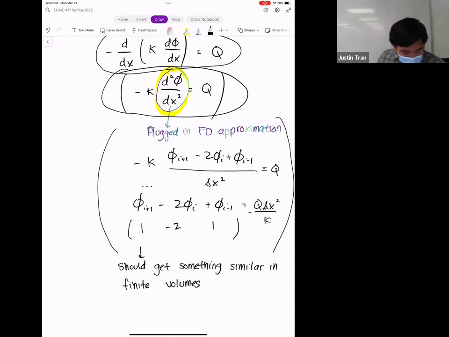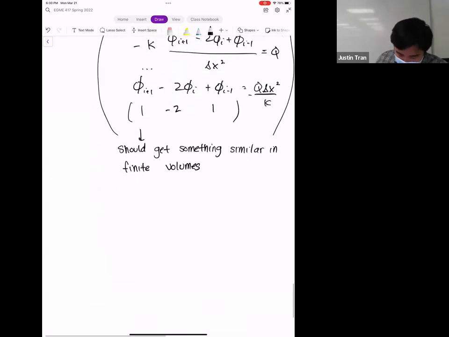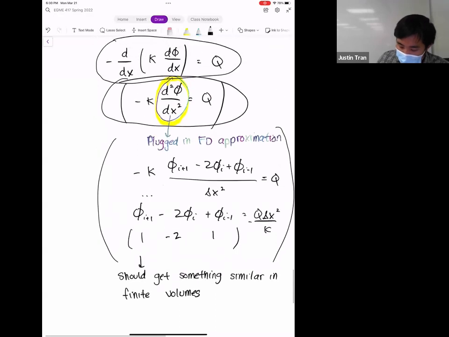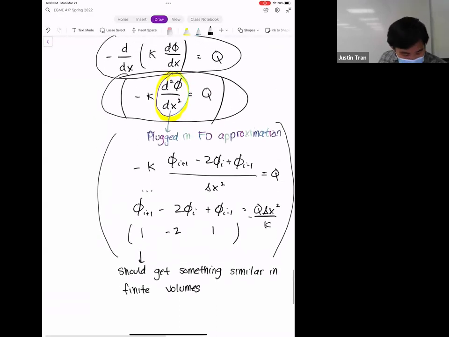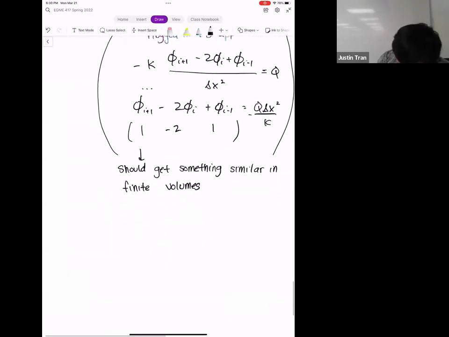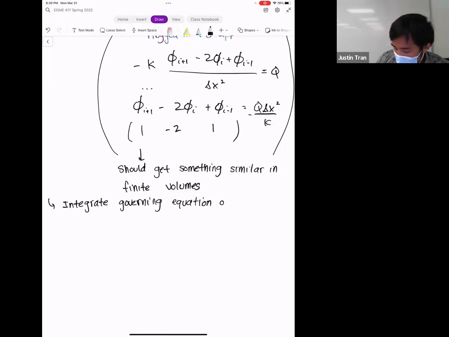All right, let's go ahead and start applying the finite volume method. Let's take our equation up here and integrate that over a cell. A 1D cell looks something like this.